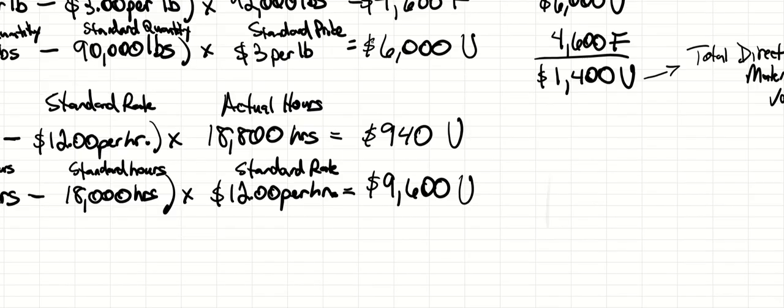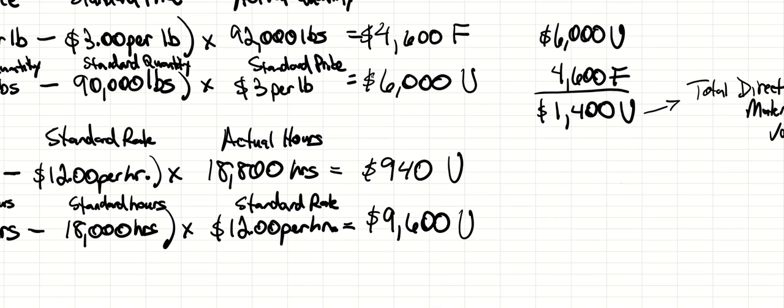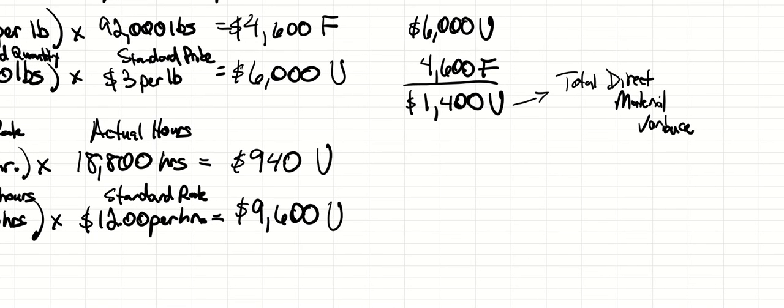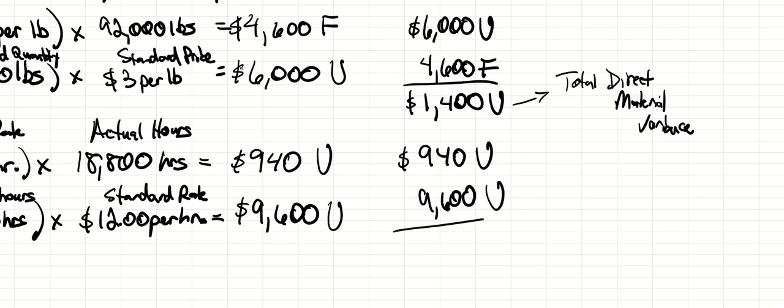Now the next thing is to combine these two together to get our total direct labor variance. So we're going to take in this case, $940 unfavorable variance plus $9,600 unfavorable variance.